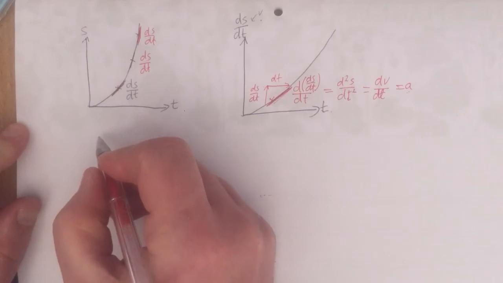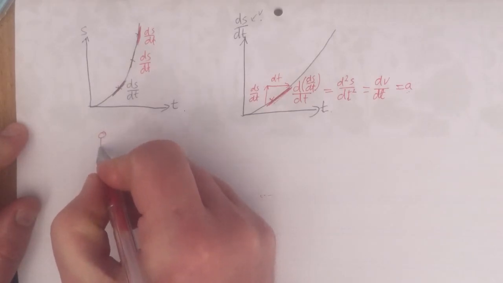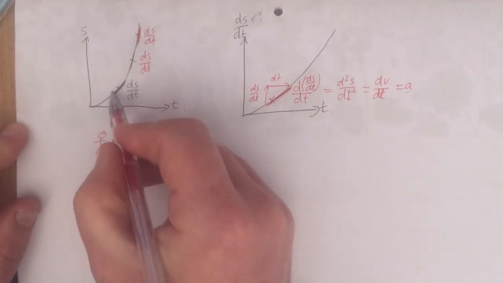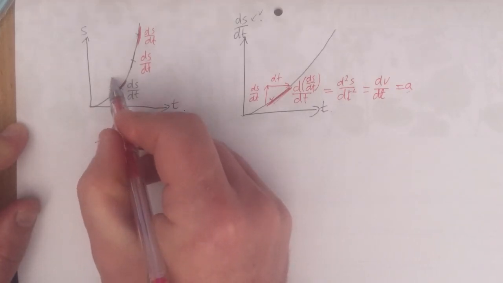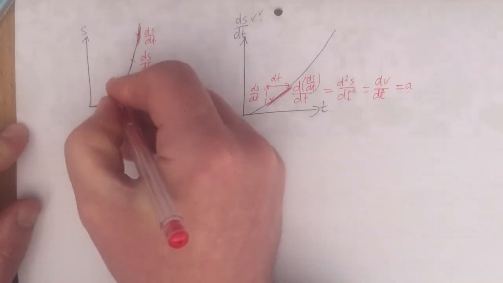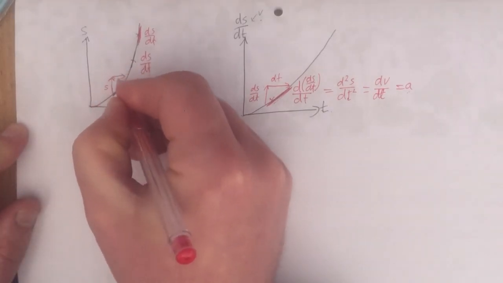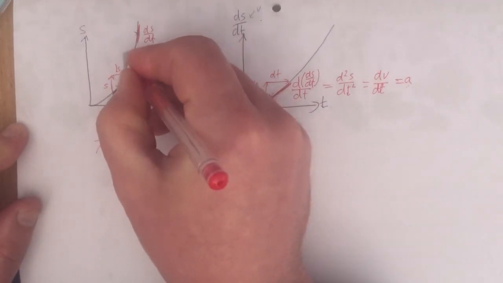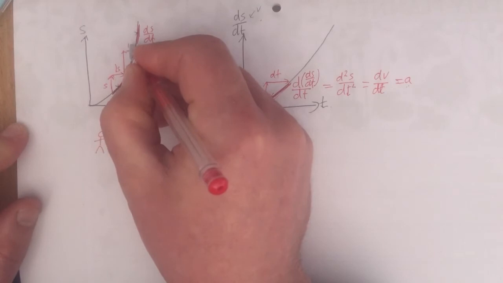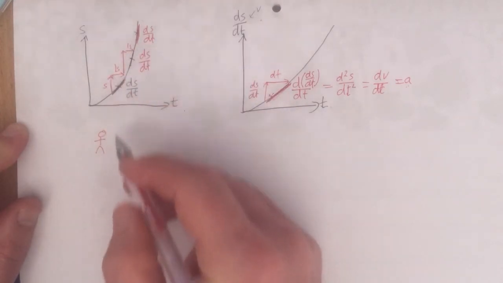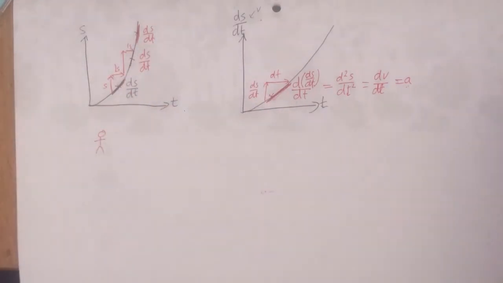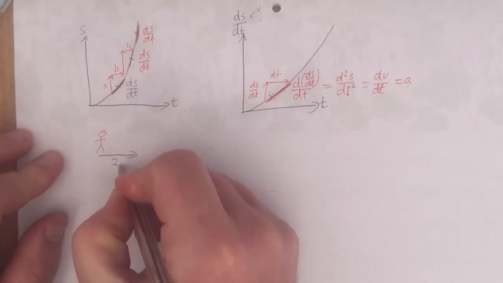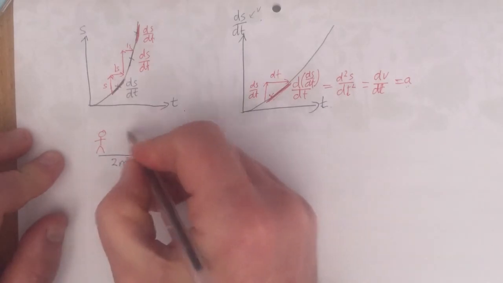Well, in the real world, what's actually happening in this graph here is that the rate of change, the increase in displacement in every second that you're moving forward, is actually increasing. So every second that you move forward, the displacement increases by a different amount, by an increasing amount. So this becomes, say, 2 meters for the first second.